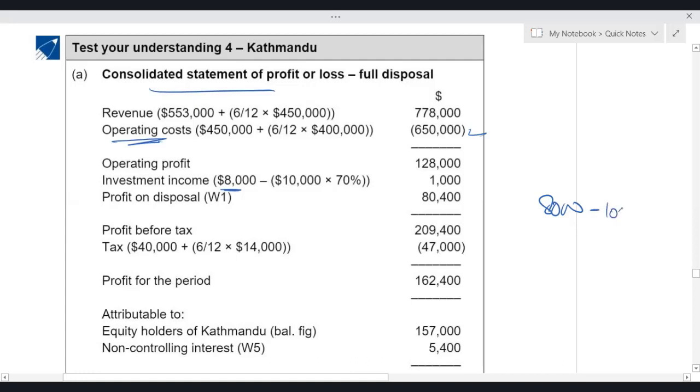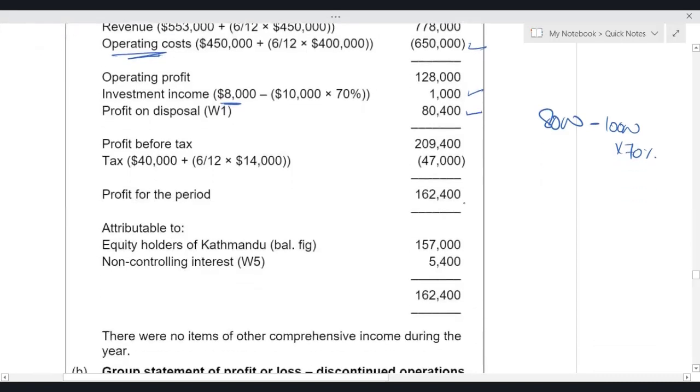Deduct: the subsidiary has paid dividends of 10,000, but obviously the entire 10,000 does not belong to the parent. So 70% of this will be deducted. This is how we get this 1,000. Profit on disposal, we calculated the same thing. Profit for the period: obviously the entire profit does not belong to the parent. You have to give the share to NCI also. NCI you can directly calculate.